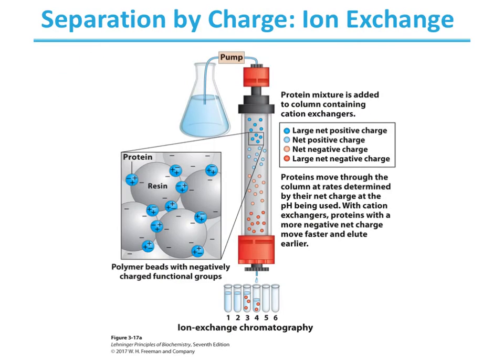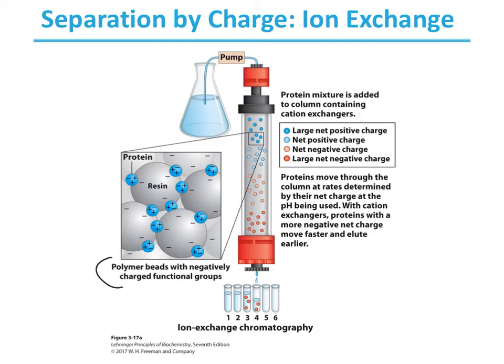Another type of method for separating proteins is to separate them by their charges, also called ion exchange. In this method, you have a column that contains polymer beads with, if it's a cation exchange column, negatively charged functional groups. So there are cation exchangers and anion exchangers.